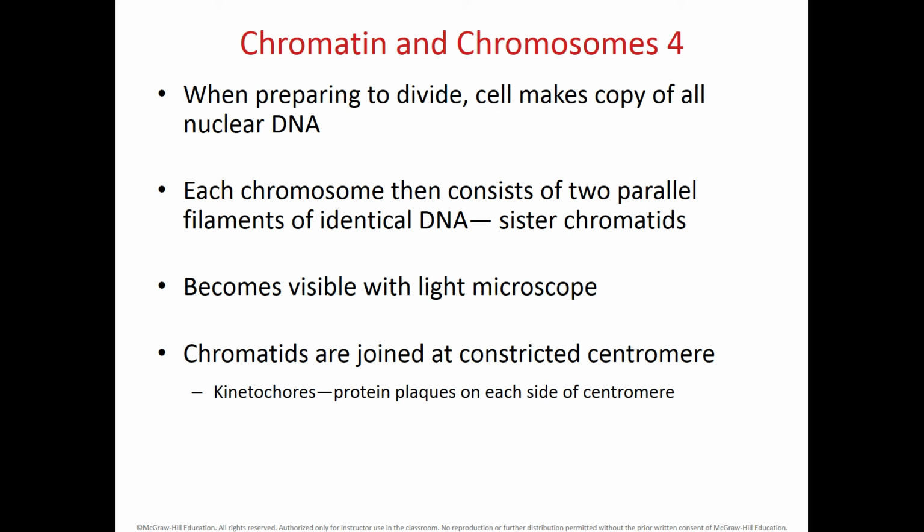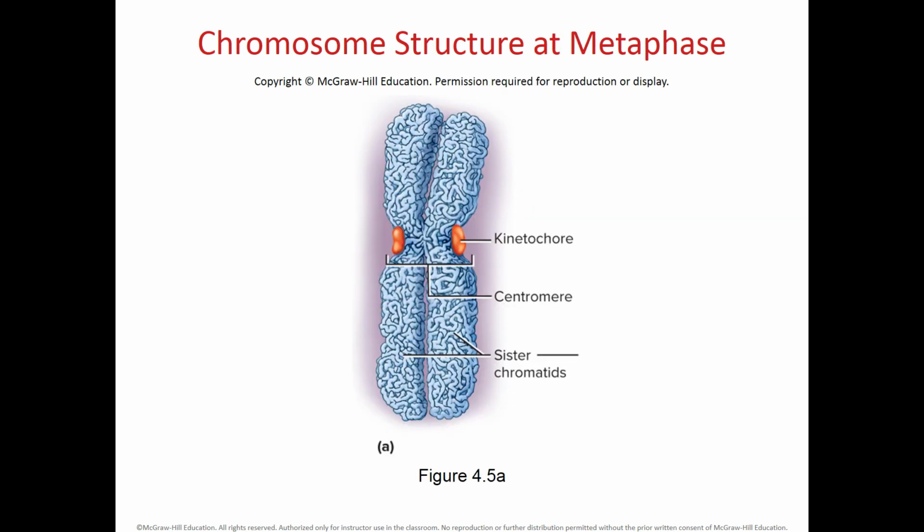On the outside of this centromere, you have a specific plaque of proteins called the kinetochores, which is an important structure for the microtubules of the mitotic spindle to connect to, so they can separate the chromosomes. So this is how the chromosome looks at a stage of nuclear division called metaphase.